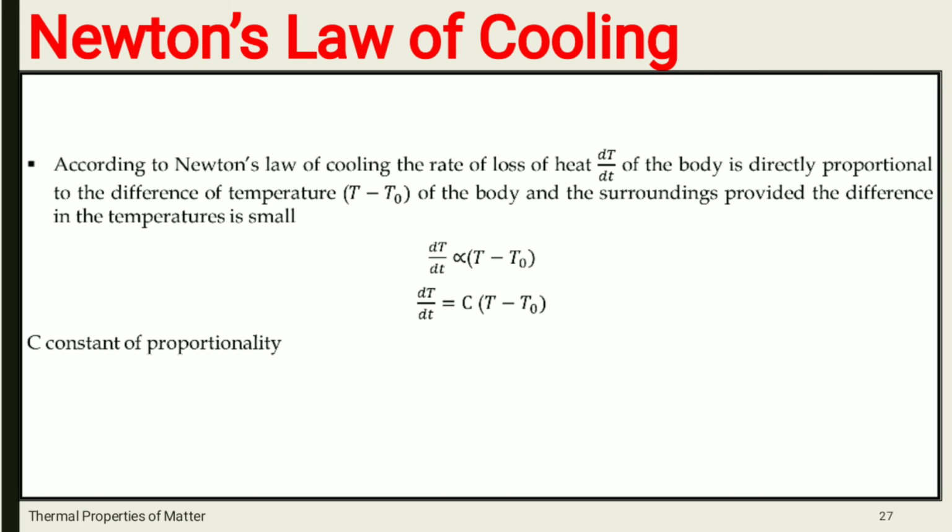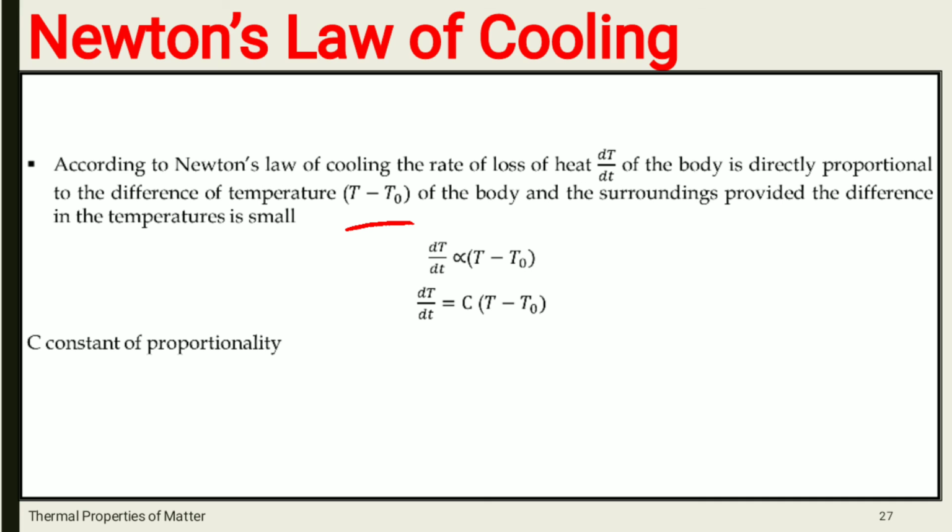The rate of loss of heat, that is dT by dt, of the body is directly proportional to the temperature difference T minus T0 of the body and the surroundings, provided the difference in the temperatures is small.